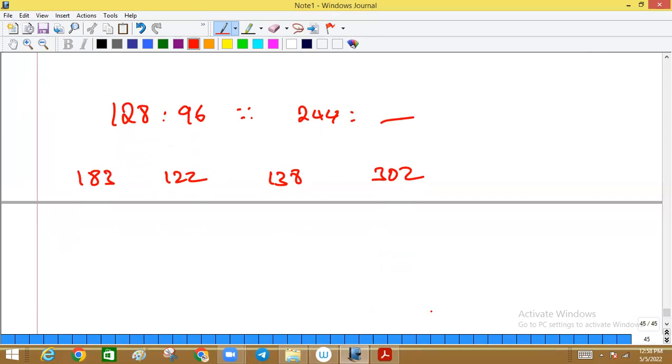Yes. Will they divide with 16? Yes. Will they divide with 32? Yes. 32 3 times is 96. 32 4 times is 128. So what is the ratio? 4 is to 3. This is the common factor.